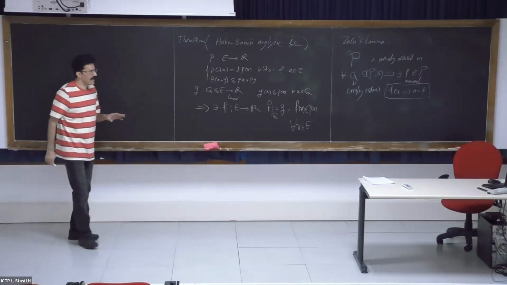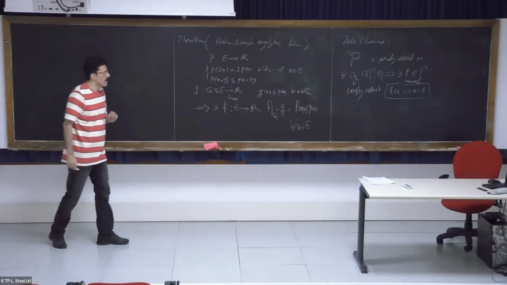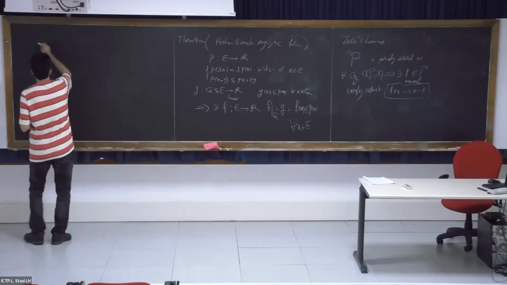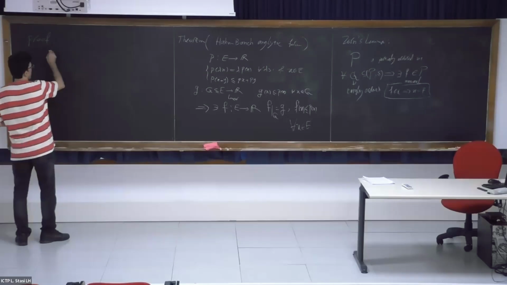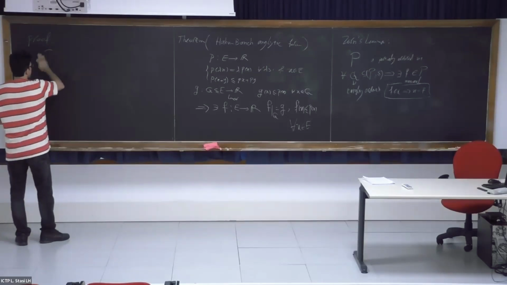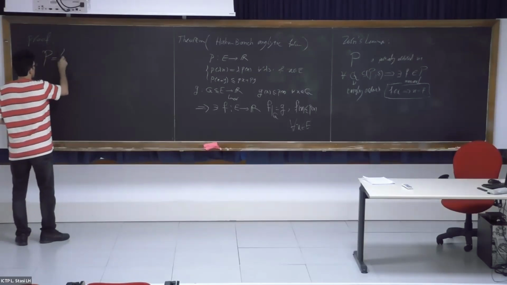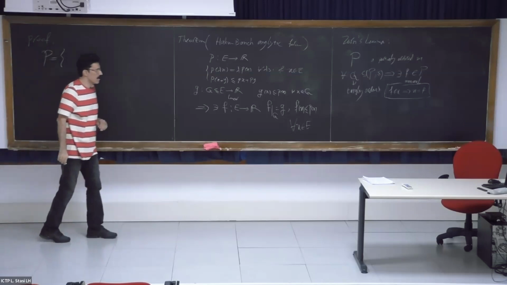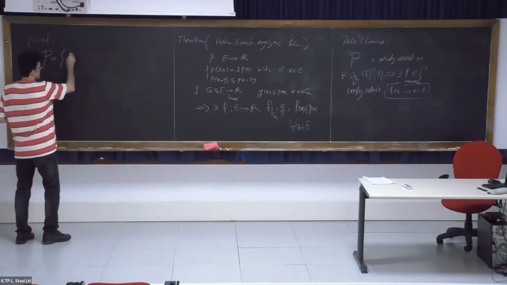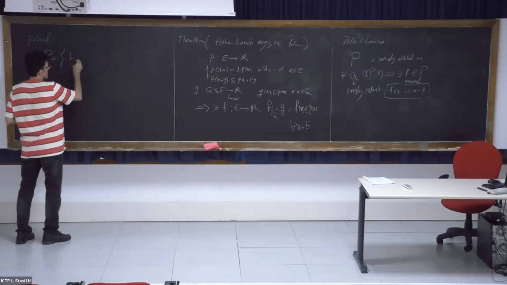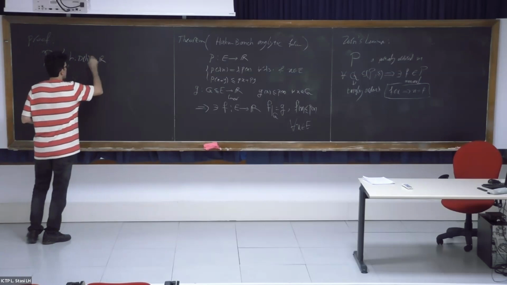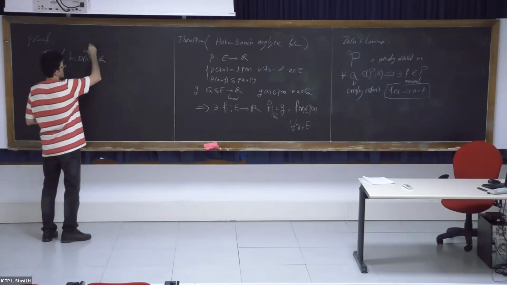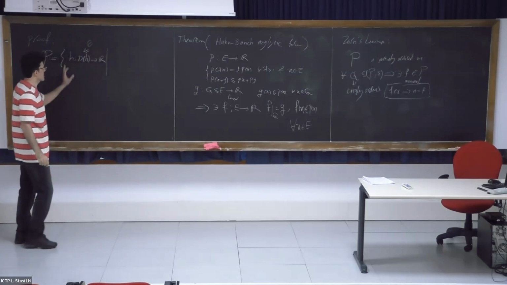As mentioned, the idea is to construct a P. So we define some P like this, all h from the domain to R. This is a subspace of E with these properties.